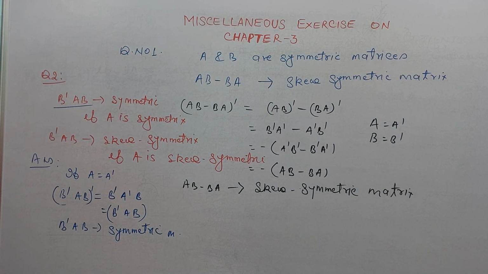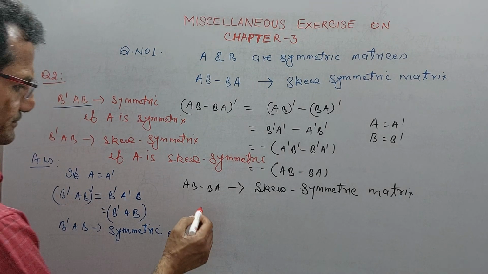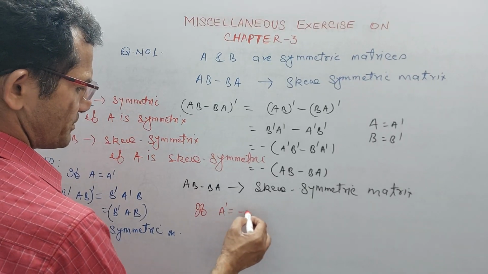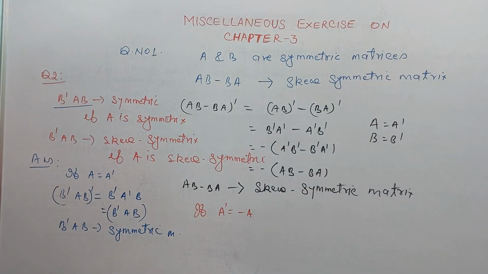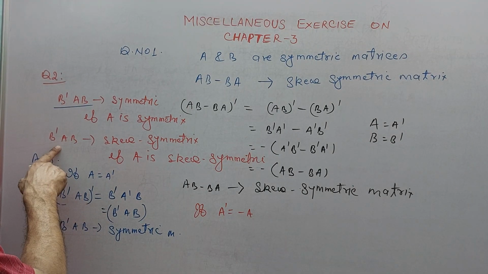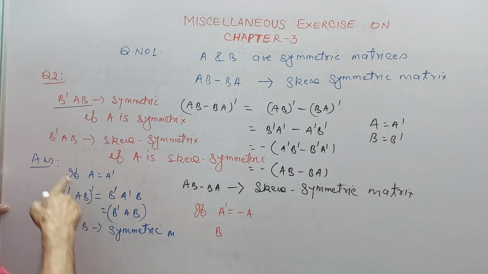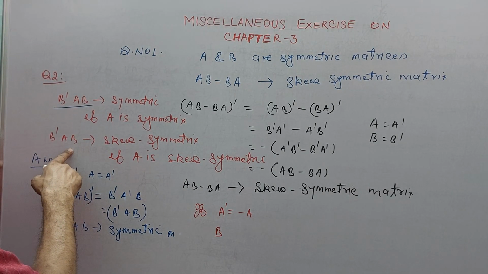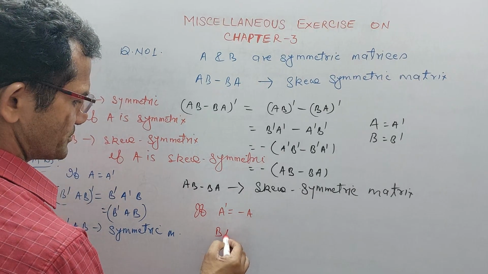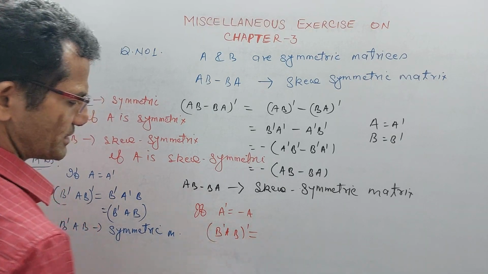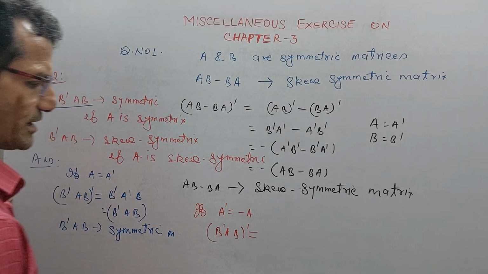Now in the second part, if transpose of A is minus A, we need to prove that B transpose AB will be a skew symmetric matrix. Let us take the transpose of B transpose AB as a whole, taking the transpose and multiplying in the reverse order.